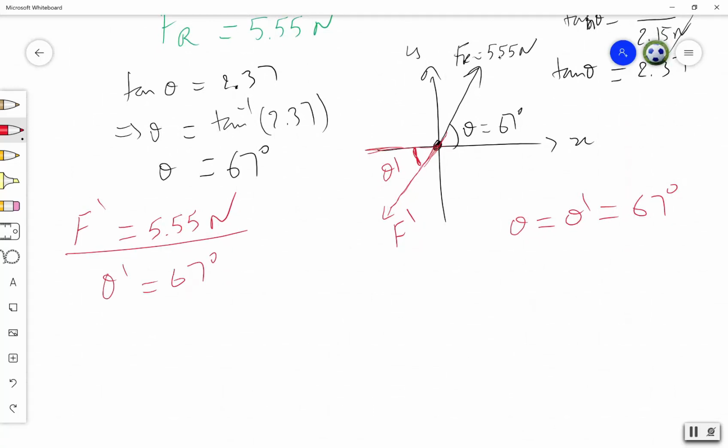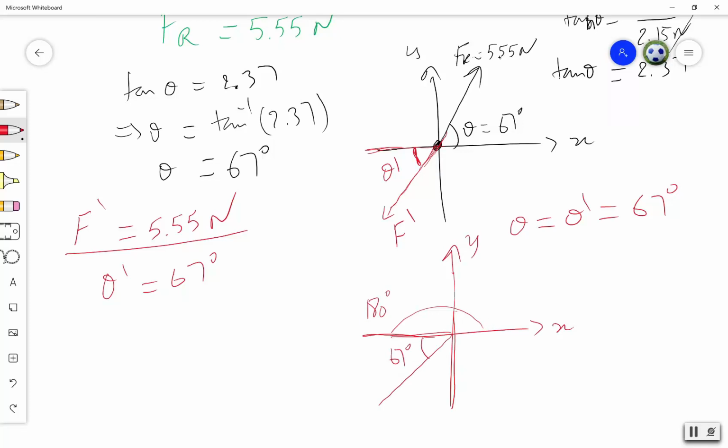The other way to report your angle is, okay, you have this, so you can draw your scale basically, and you say, okay, this is 180 degrees. And if I have here 67 degrees, then how much?